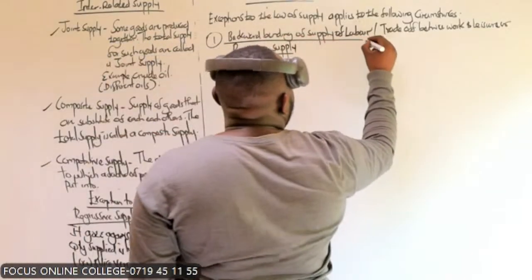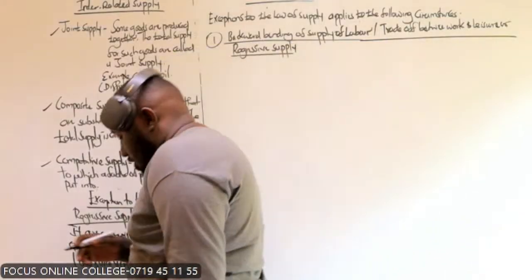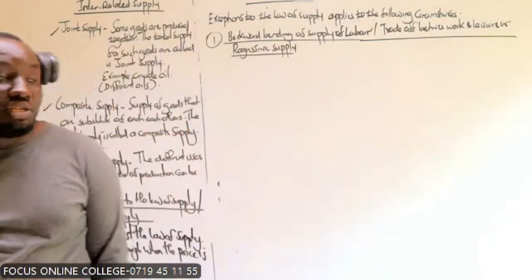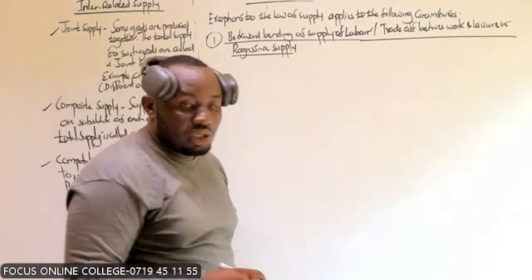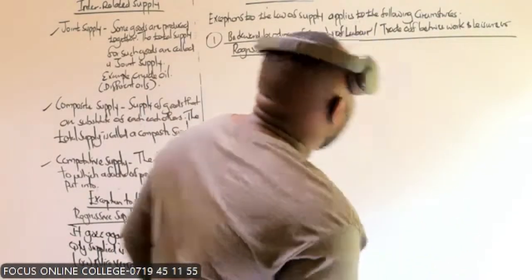So backward bending of supply curve, the trade-off between work and leisure, or the regressive supply.